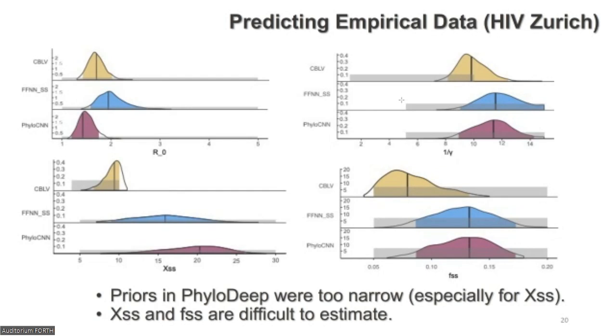So when we change the prior here with our approach, both with summary statistics and with the CNN approach, then we see that the distribution of the posterior is very broad. So actually, it seems that this parameter is very hard to estimate, and the same for this parameter. But those results are probably because of the prior that was used.